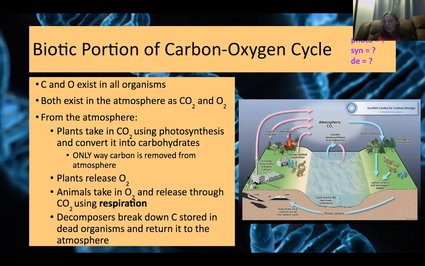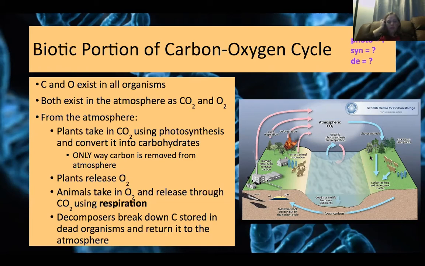They actually make the glucose for themselves. So plants do respiration too. They break down that glucose and release carbon dioxide as a waste product. However, plants tend to take in more carbon dioxide during photosynthesis than they release during respiration.